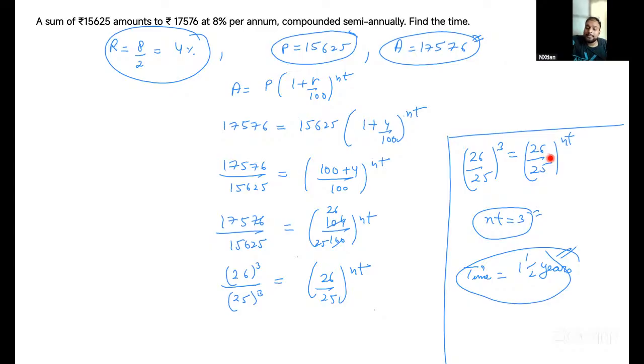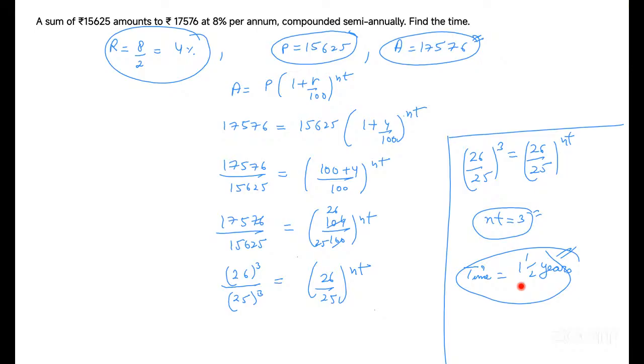From comparing LHS and RHS, I got the value of NT as 3. Since it is compounded semi-annually, it will become half, 1.5. You understand now? I had come till 26 upon 25 and then didn't understand what to do. Now you understand? Yes, thank you.